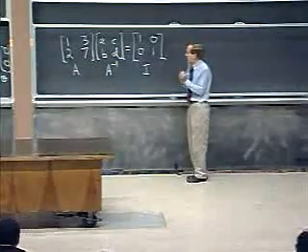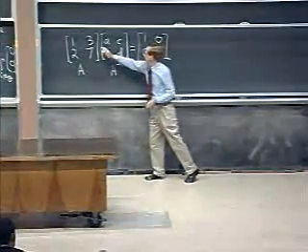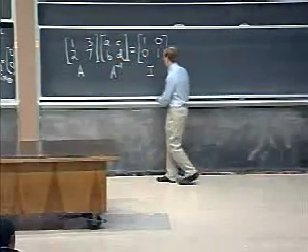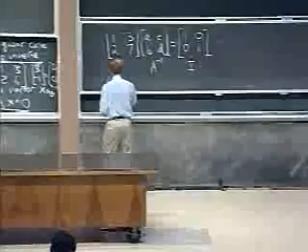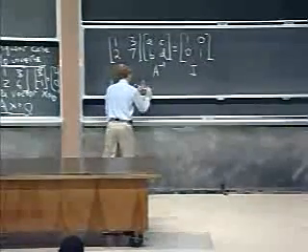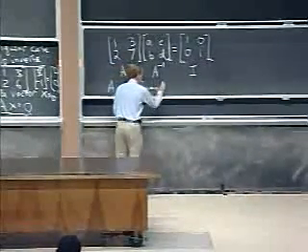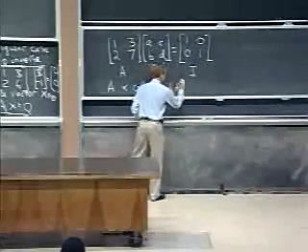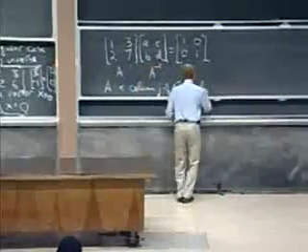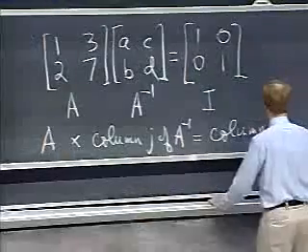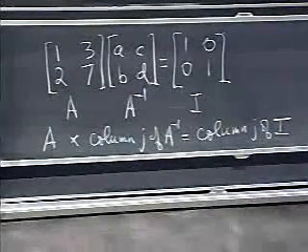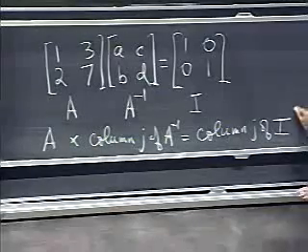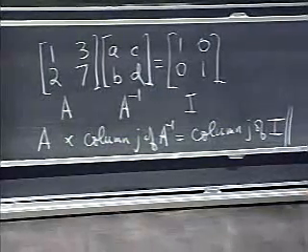I don't even need to rewrite it. A times column j of A inverse is column j of the identity. I've got n equations, well, 2 in this case.